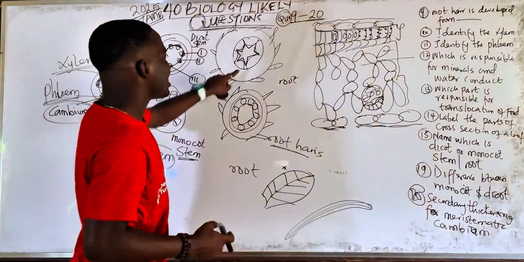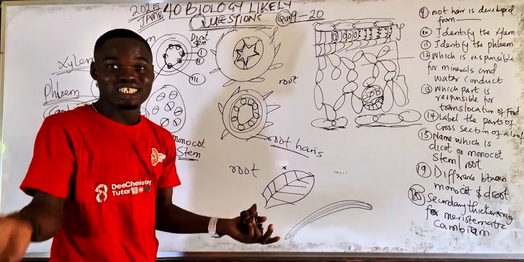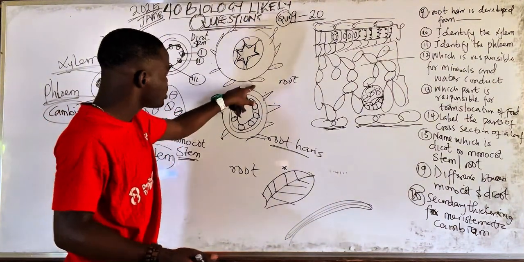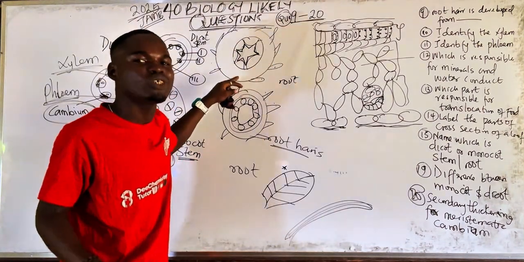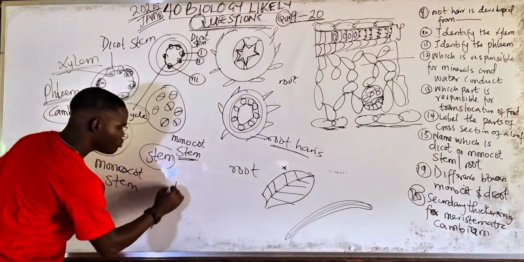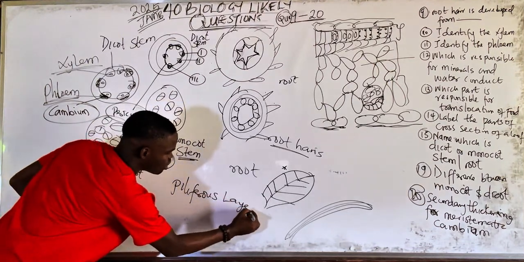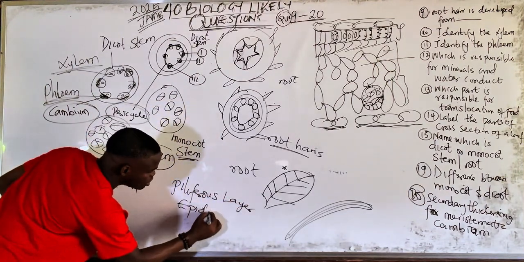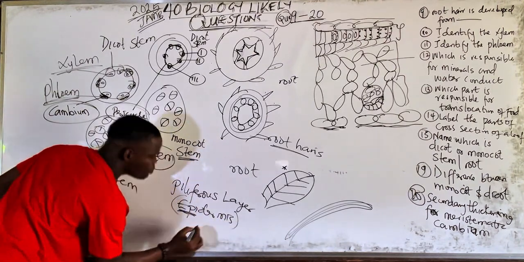It's always easy to know which one is root or stem, because in roots you see root hairs which originate from the epidermis, or the piliferous layer.